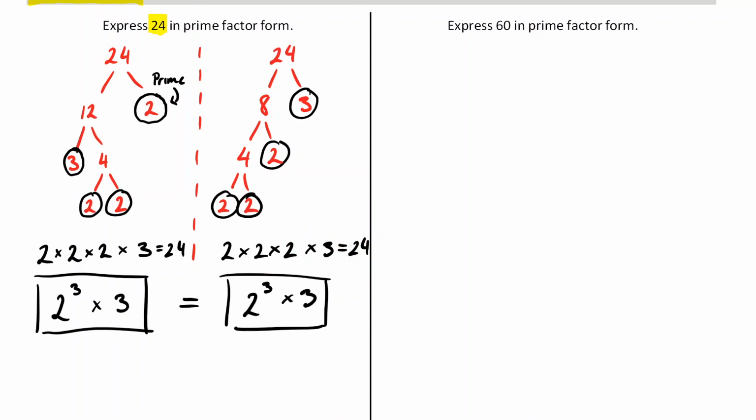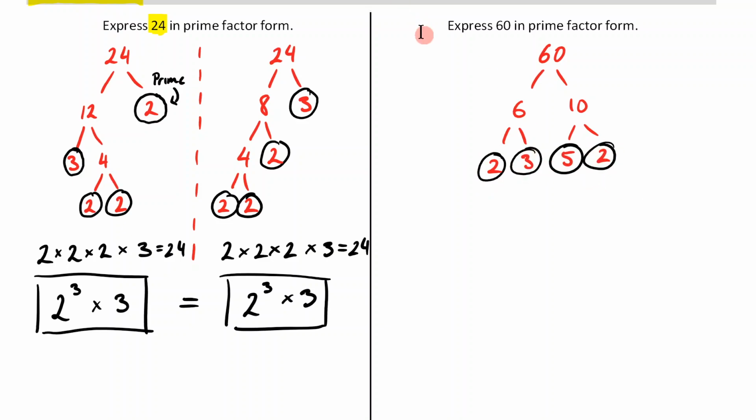You might like to pause the video and give it a go for yourself. So we're dealing with 60 here. 60 can be broken down into 6 and 10. 6 can be broken down into 2 and 3. 10 can be broken down into 5 and 2. All of those are primes. So let's now circle all of those. 2 is a prime, 3 is a prime, 5 is a prime, 2 is a prime again. We're now going to write it in our prime factor form.